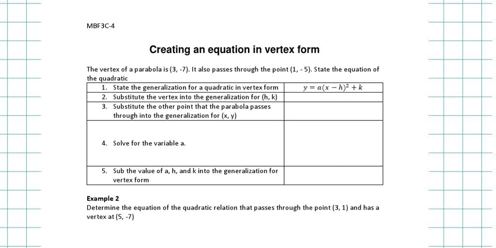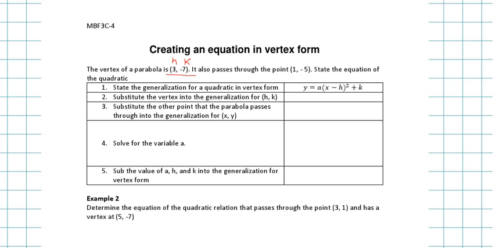Okay? This is the vertex. So we're going to start with that. I know my vertex. Where would I plug in the vertex? Exactly, h and k. So the 3 has to go for the h, and the -7 has to go for the k. Okay? So the first step is plugging in your vertex.